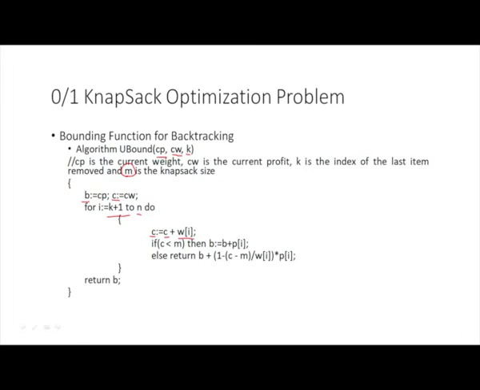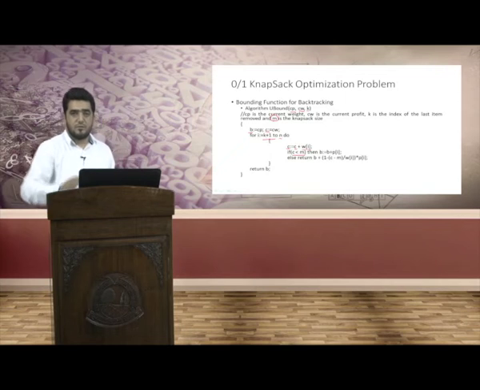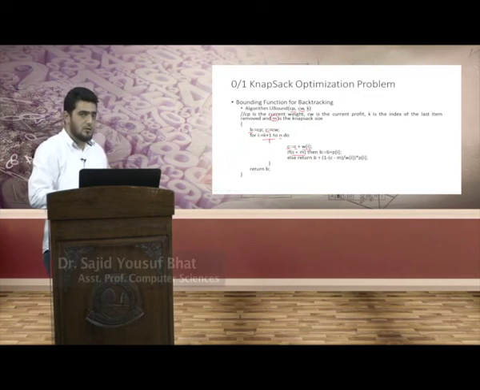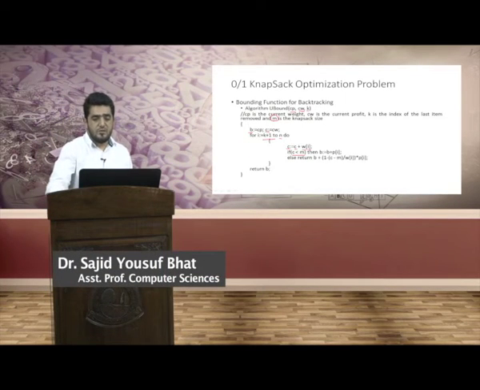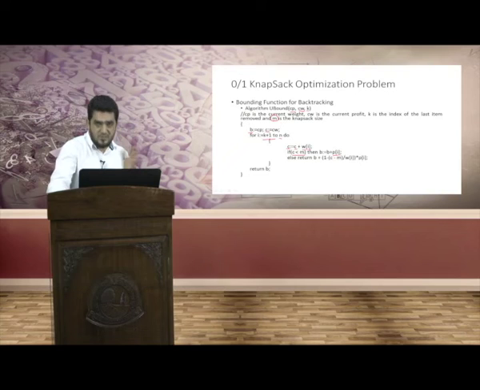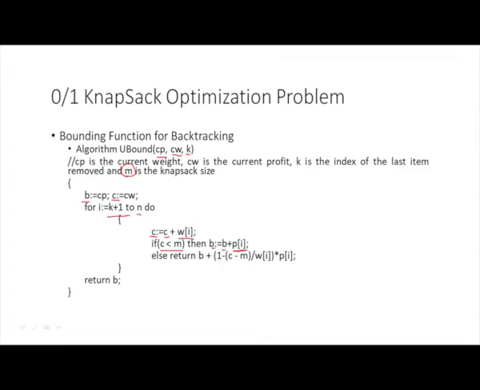Now if this weight is less than m, so we have not yet filled the knapsack, we'll simply add the profit of this particular item to the current profit and save it in B. So if adding the next item does not fill the knapsack, we will simply consider adding that item to the knapsack.